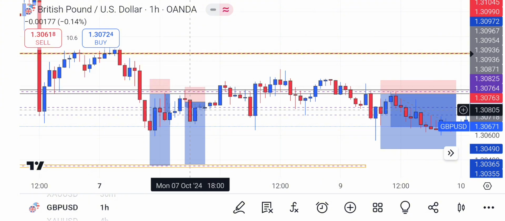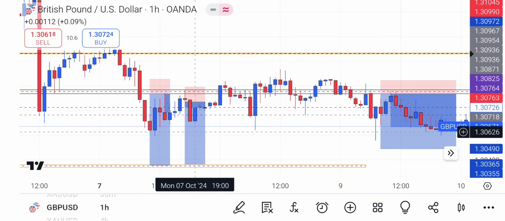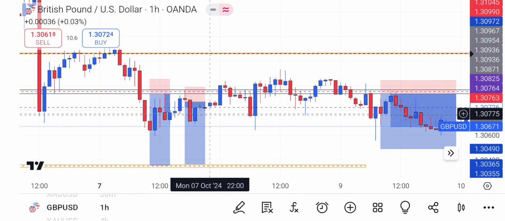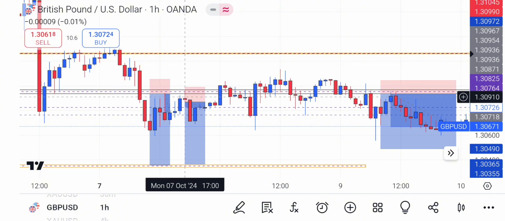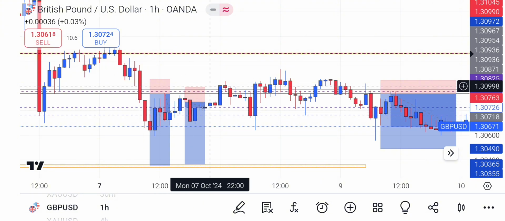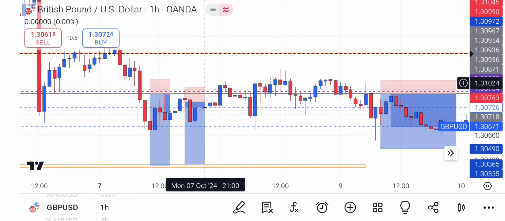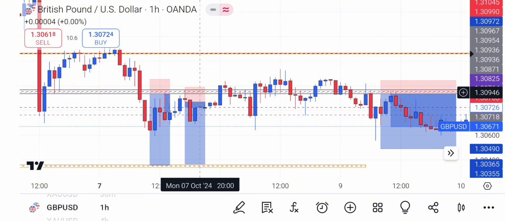So I entered with a lower lot size. The market started doing its thing, which was so slow. Then on Tuesday, early in the morning, let's say Monday slash Tuesday, it went to this level and hit the SL for this second trade, which I entered with a little position because I already had the first position here.